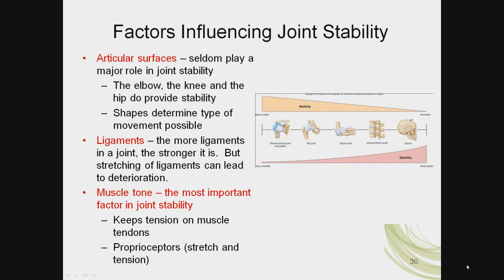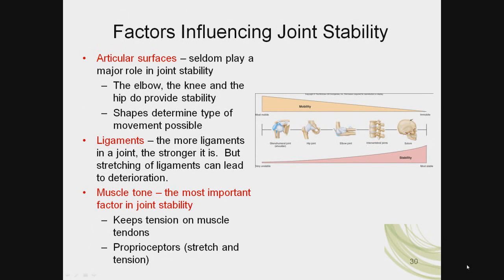It can certainly be the articular surfaces, though seldom do they actually play a major role in joint stability. However, there are some classic examples where clearly the articular surfaces do play a role. For example, the elbow, the knee, and particularly the hip.